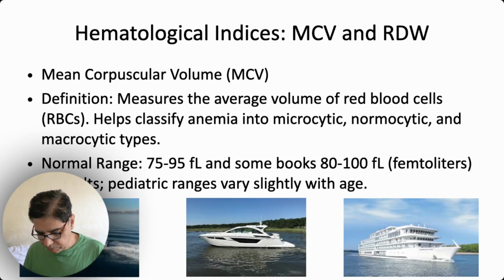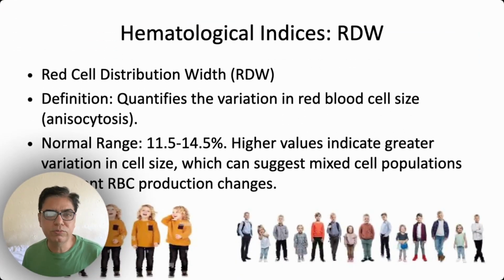What about red cell distribution width? Red cell distribution width actually shows you how much variation there is in the size of the RBCs. Let's say the river is blood, so either there are all small boats, or all normal size boats, or big size, or there may be a combination where some boats are small, some are average size, some are big size.